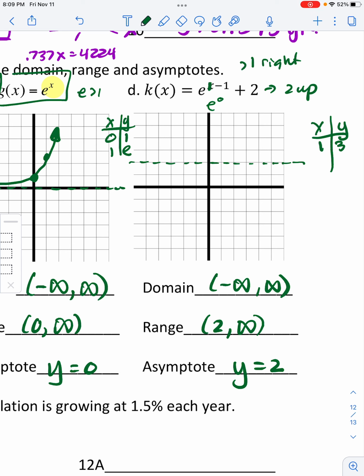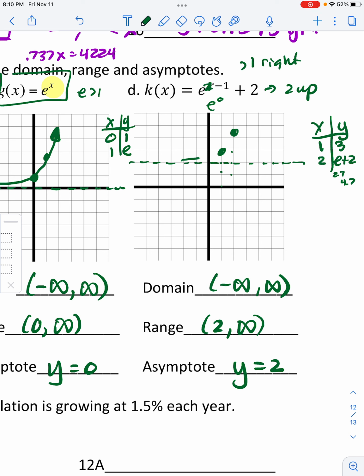Okay. So then what if I put in a 2? Then e to the 2 minus 1 is going to be e, and then plus 2. So if e is 2.7-ish, when you add 2, it's 4.7-ish. So I have a point at 1, 3, and 2, almost 5.